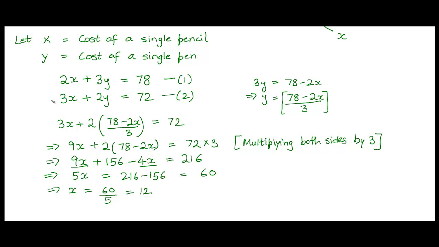Now it turns out that in this particular example, there is a slightly simpler way of solving for x. If you look at the left hand side of these two equations, you will find a certain symmetry. In the first equation, the coefficient of x is 2 and the coefficient of y is 3. In the second equation, the coefficients are the same, but swapped.